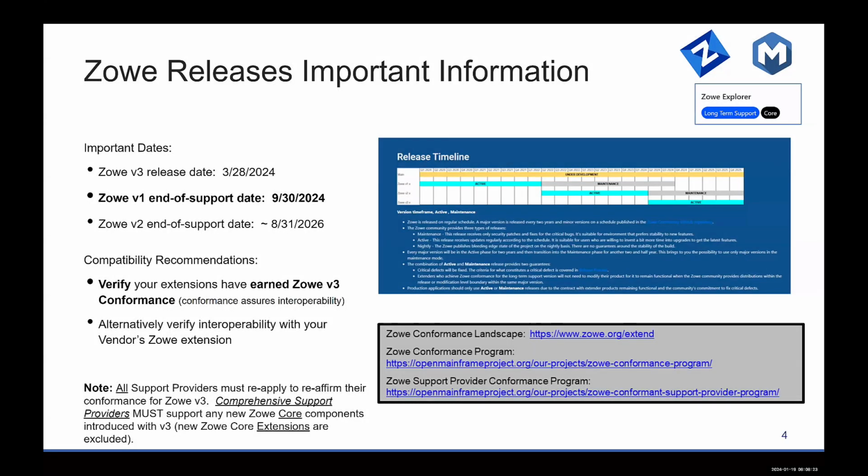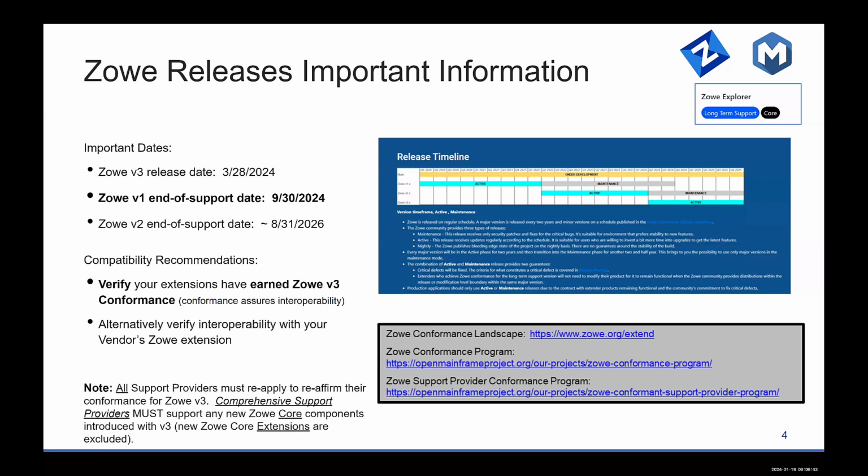So, important release information. The dates that we want to bring to your attention include the planned V3 GA date, which we mentioned, March 28th. Zowe V1 end of support date is at the end of September this year.